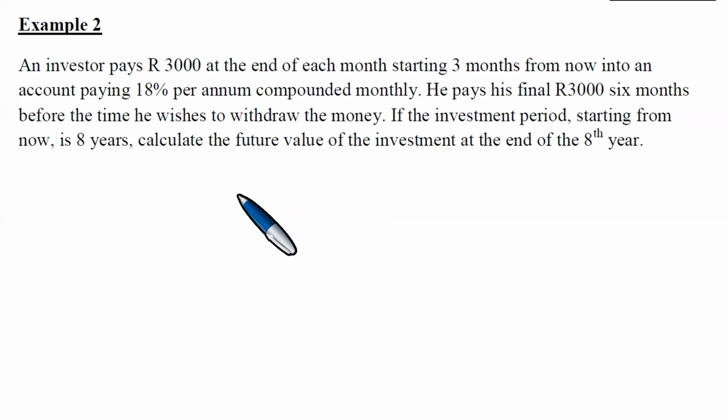So he realizes that he says, you know what? I'm going to pay my final 3,000 6 months before the time he wishes to withdraw the money. If the investment period starting now is 8 years, calculate the future value of the investment at the end of the 8th year.